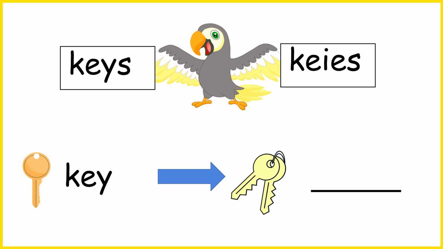Good job! I only need to add an S because the letter E before the Y is a vowel. And if there is a vowel before the Y, we only add S.